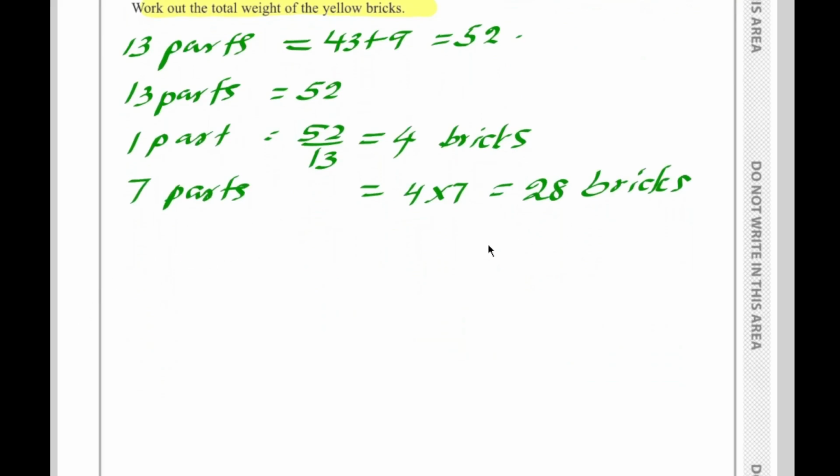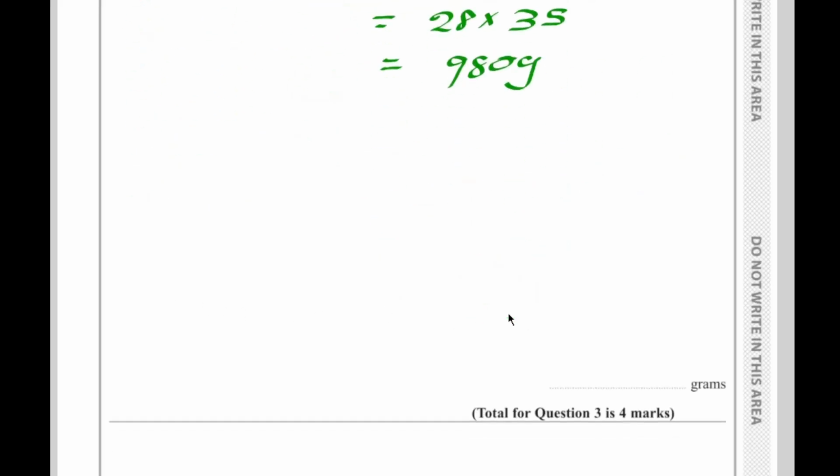Therefore, 28 bricks weigh 28 into 35 equals 980 grams. So the total weight of the yellow bricks is 980 grams.